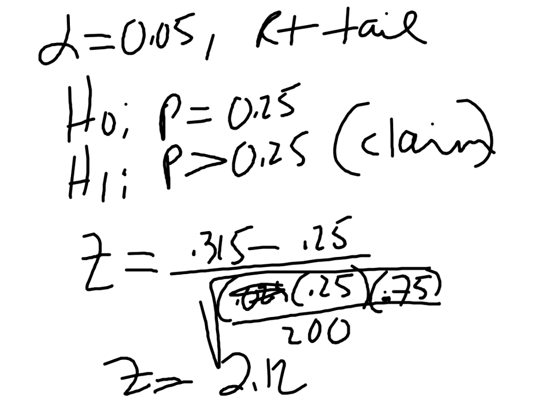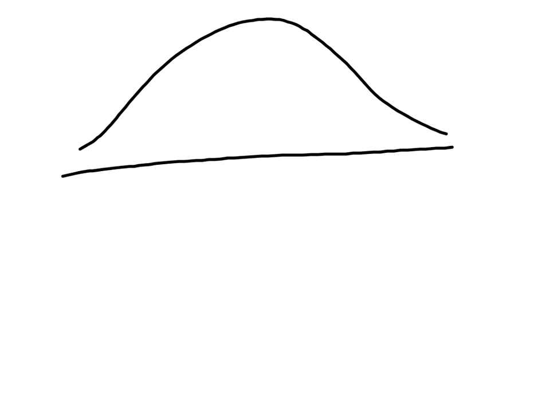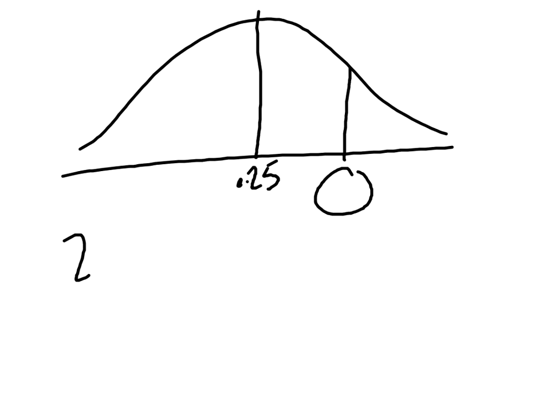Now, this time we're not going to compare that 2.12 with a critical value. I'll just sketch their situation down below. Here we have the population proportion at 0.25, and then we're going to set off a certain area. Normally we would have a critical value here, and we would compare that critical value with a z of 2.12.